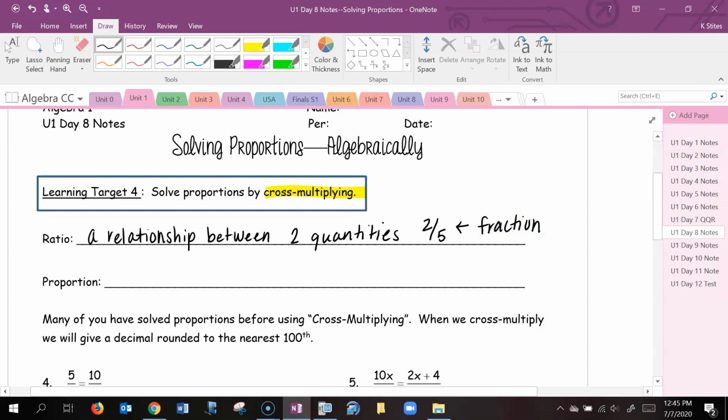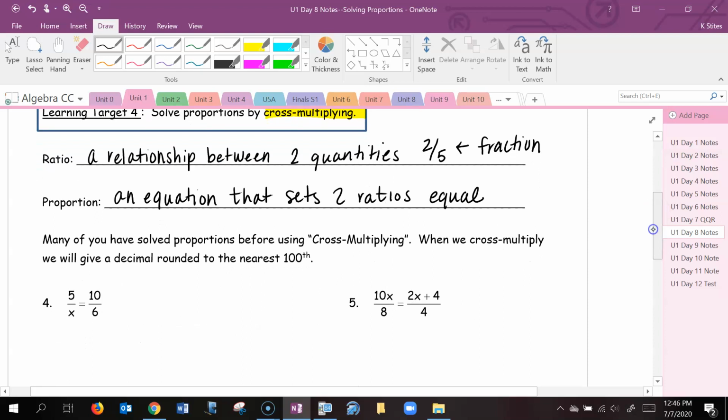And what is a proportion? Well, a proportion is an equation that sets two ratios equal. So individually down here, 5 over x is a ratio, 10 over 6 is a ratio, but when I set them equal to each other, now I have something called a proportion.